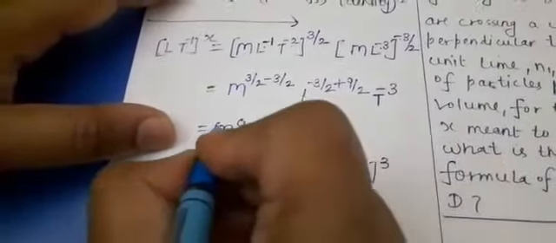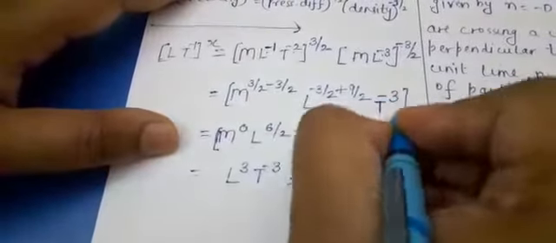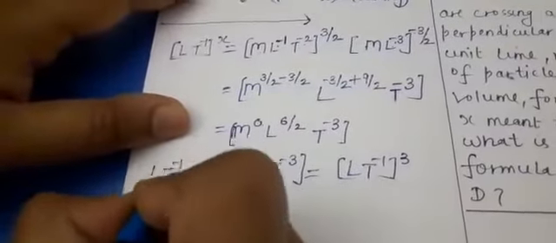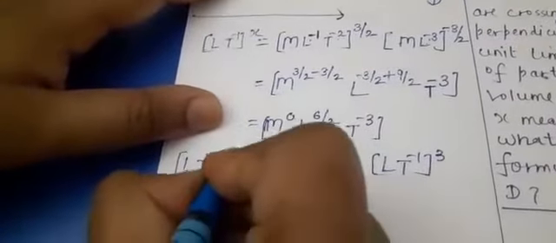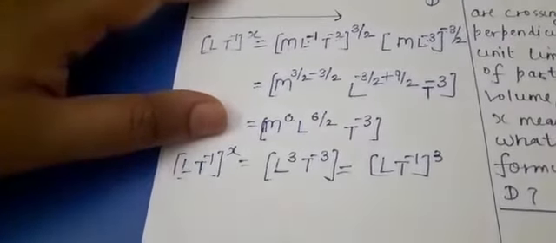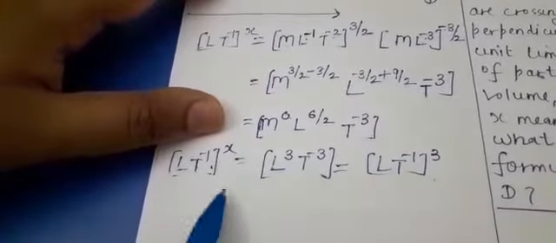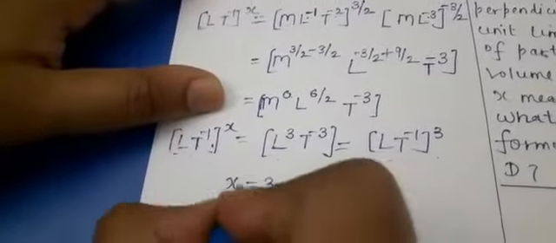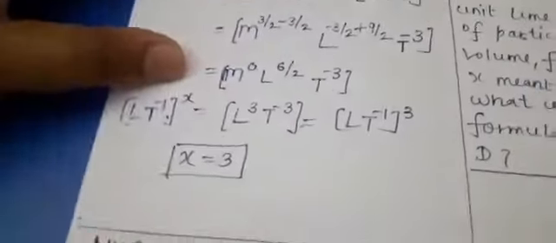You can proceed in the bracket or as such. So here on the left hand side, it is LT minus 1 raised to the power x. So now on comparing left side, right side, its base is same. So x is, yes, it is 3.